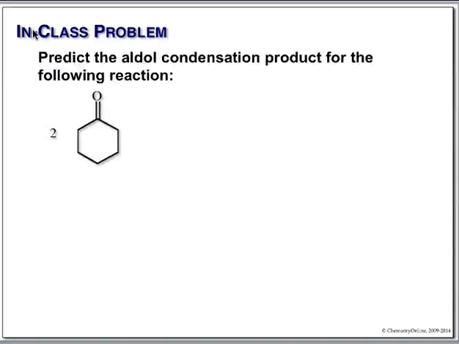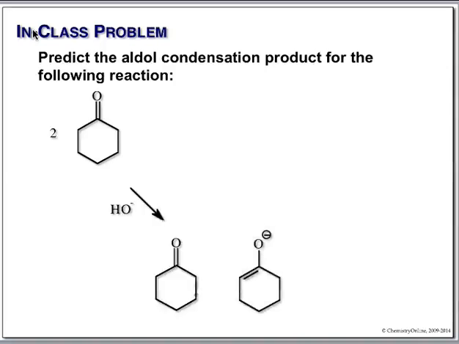Draw the structure of your enolate anion. The pair should look like this. Here's our electrophile, and there's our enolate.